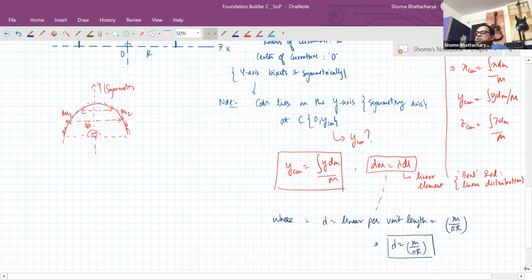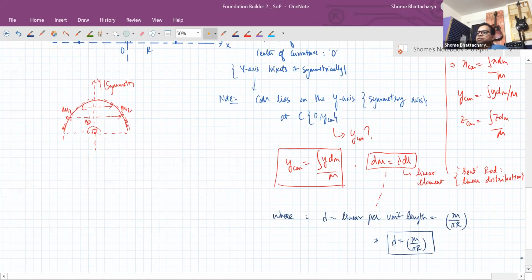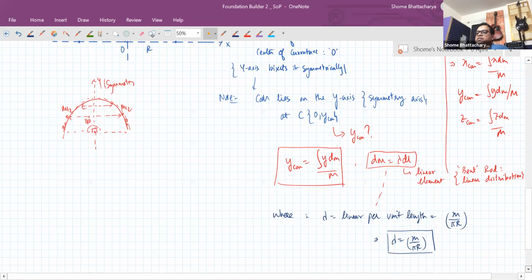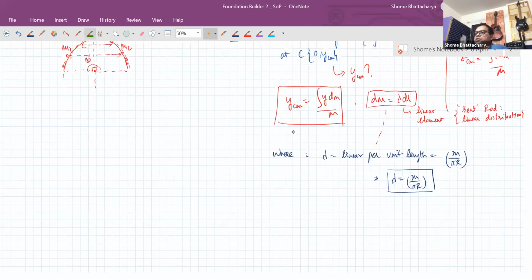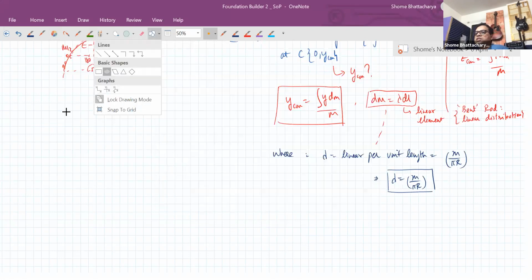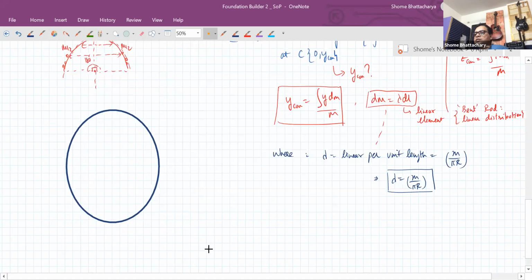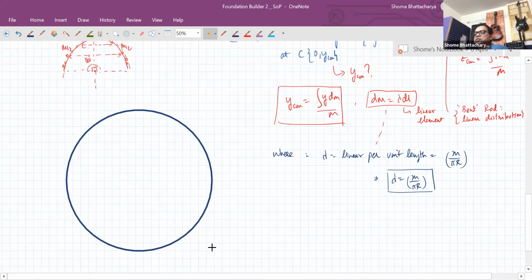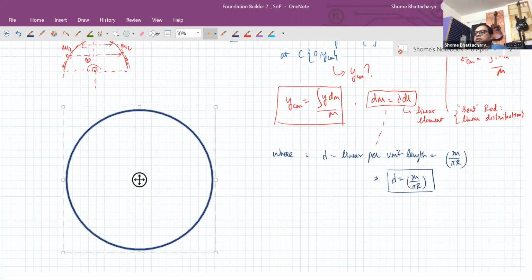And the other thing is, now I will use one of the principles that we will take as a sort of rule in geometrical integrations. That is, whenever we are integrating over a circular arc, we should express the length in terms of angle.